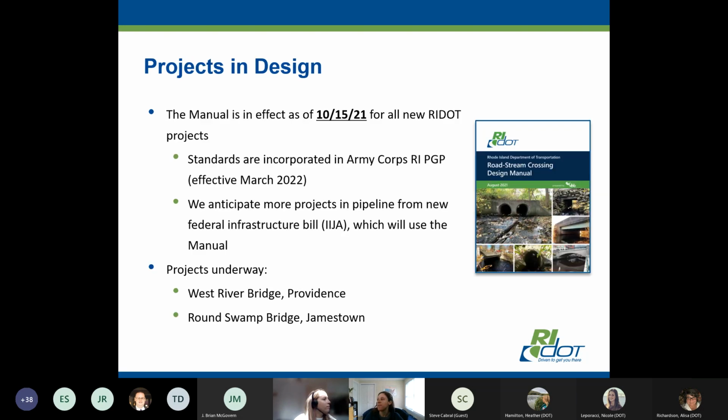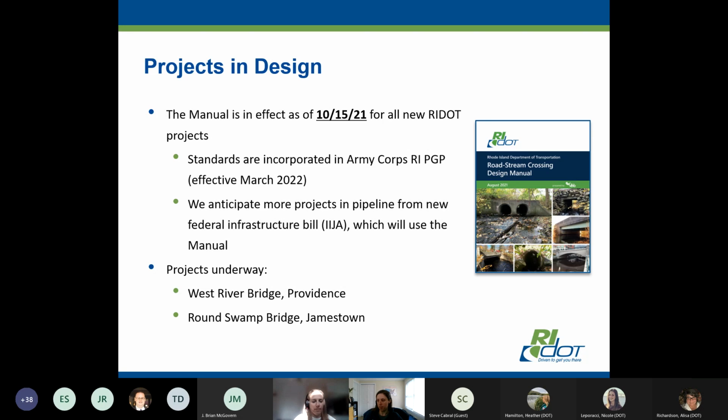So, as I said, the manual is in effect, and we do have some projects underway. We've just started working with the West River Bridge team in Providence and making sure they understand the manual and have everything they need. That has led to some minor changes, really just in the checklists, making it clear and easy for designers to fill out.